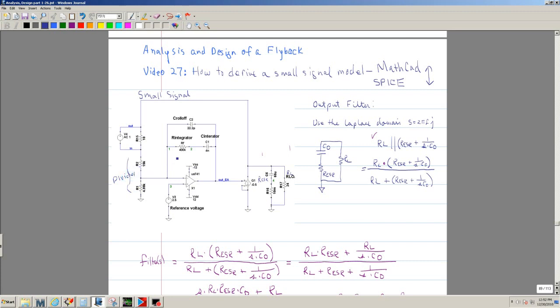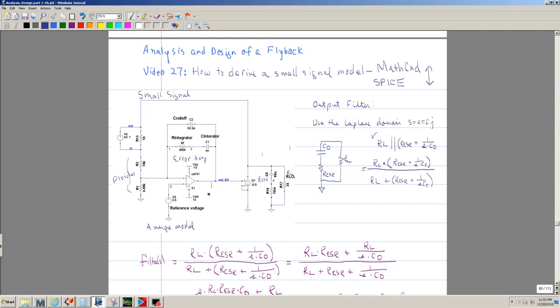And then this is your error amp. And this would be used also in your switching model. So this is an average model. And then past this point, this pin is the output of the error amp.